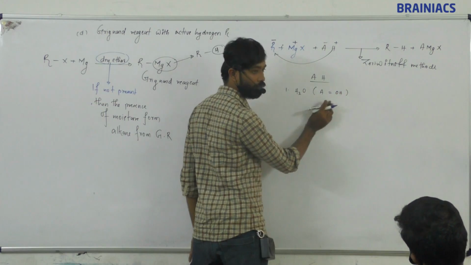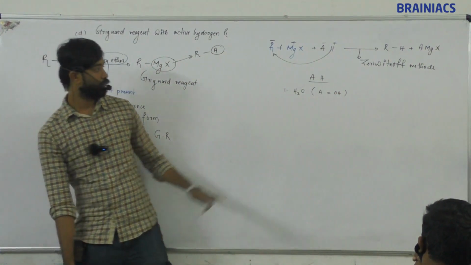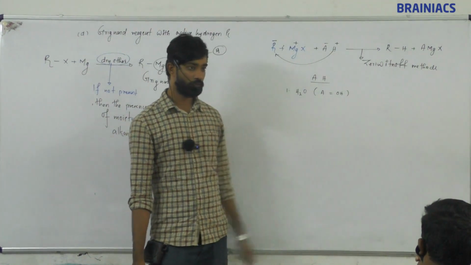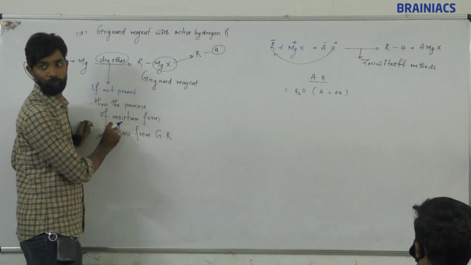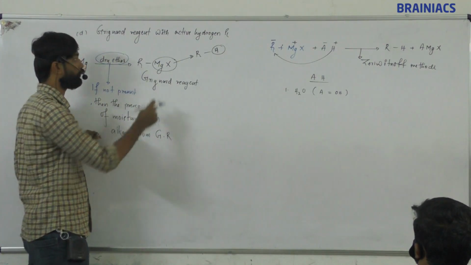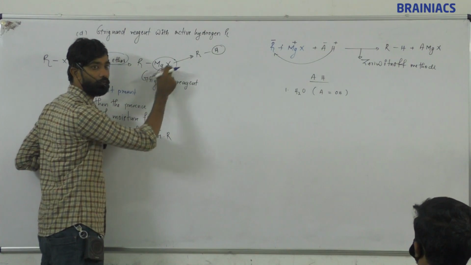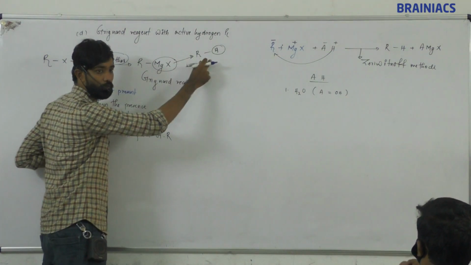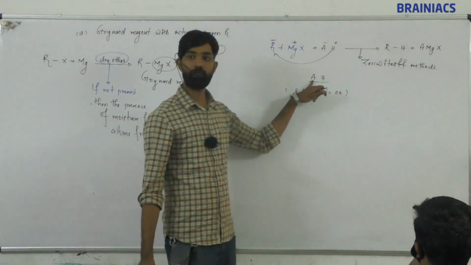A is OH here, right? What is H2O? H plus and OH, so H2O means A is OH. This reaction is given in your textbook. What do you mean by moisture? H2O. So your Grignard reagent with moisture forms what? Alkane. Okay, where moisture is an AH.